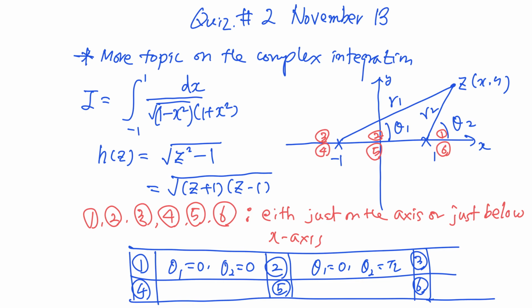Here z is now going this way and going down. θ1 must be pi, θ2 pi. How about this point 4? You're going down under the x-axis. Still pi, right? And θ2, still pi.